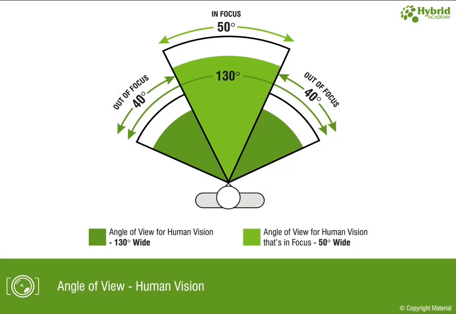This view of 130 degrees from the human eye is further divided into two parts: in focus and out of focus. So precisely at one view we see the middle 50 degrees of space in complete focus, whereas the 40 degree view on both left and right side of our main view remains out of focus.